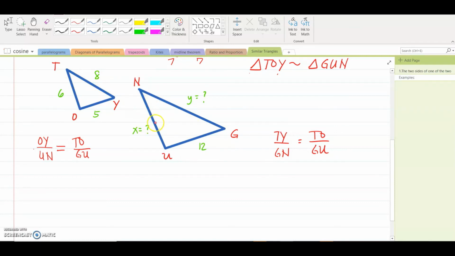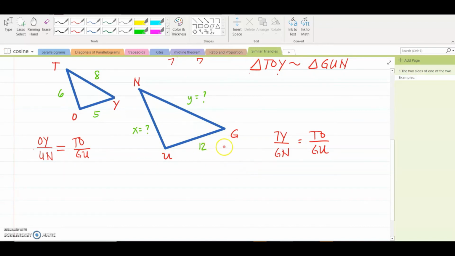Now for triangle GUN, side NU is unknown, so that is represented by x. Side GN is also unknown, represented by y, and side GU is 12 units.